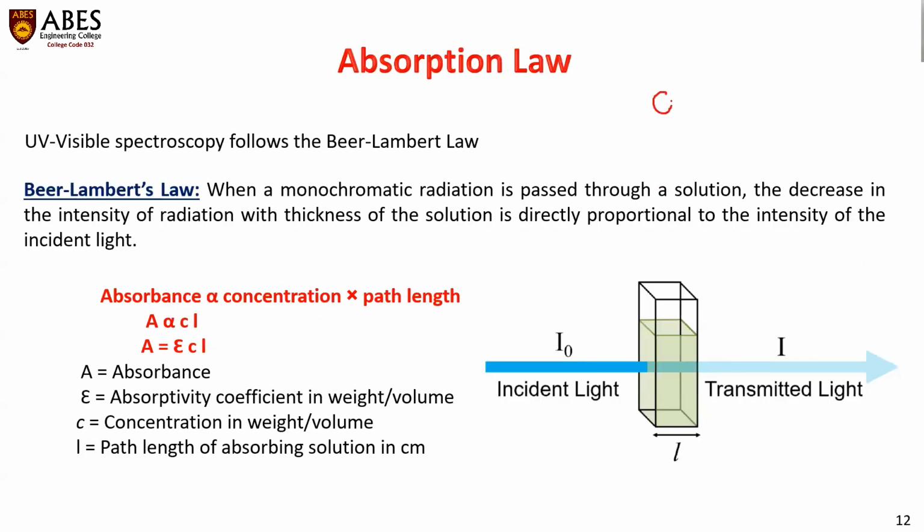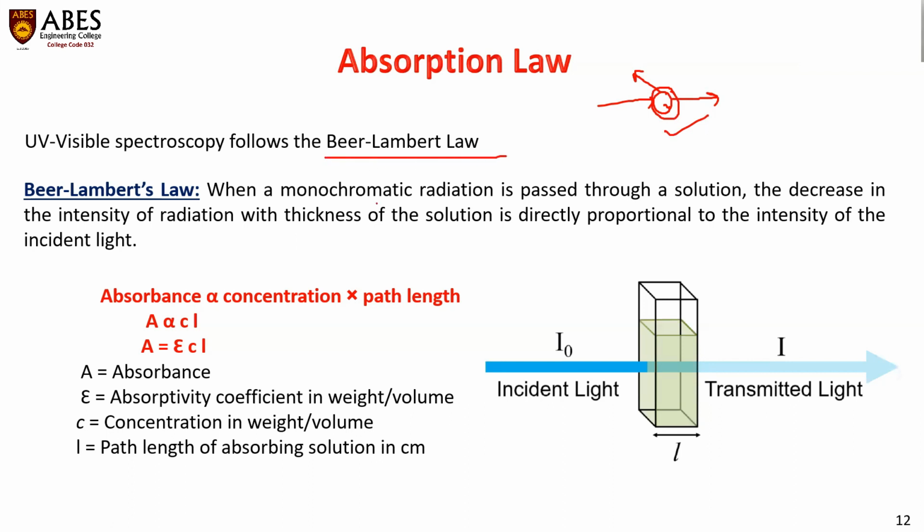Absorption. We know that when a radiation interacts with matter, some amount of radiation is absorbed by the matter, some amount is transmitted, and some amount is reflected. When a sample absorbs radiation, it follows an absorption law known as the Beer-Lambert law.